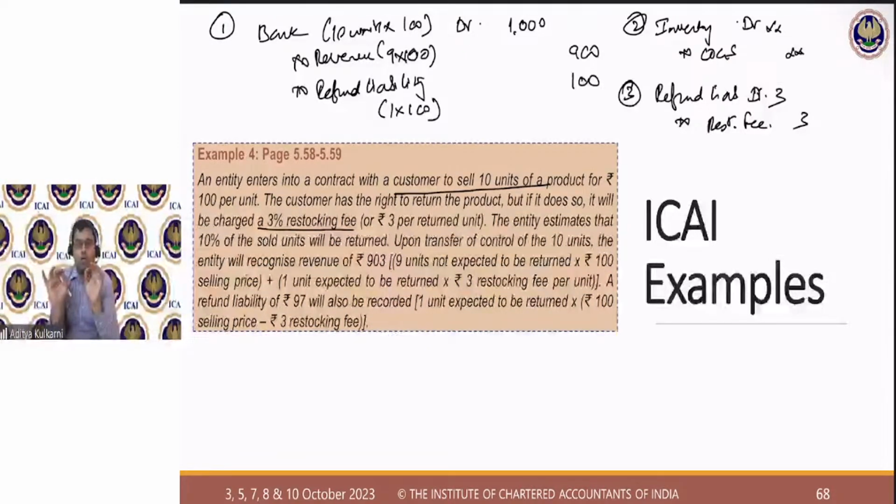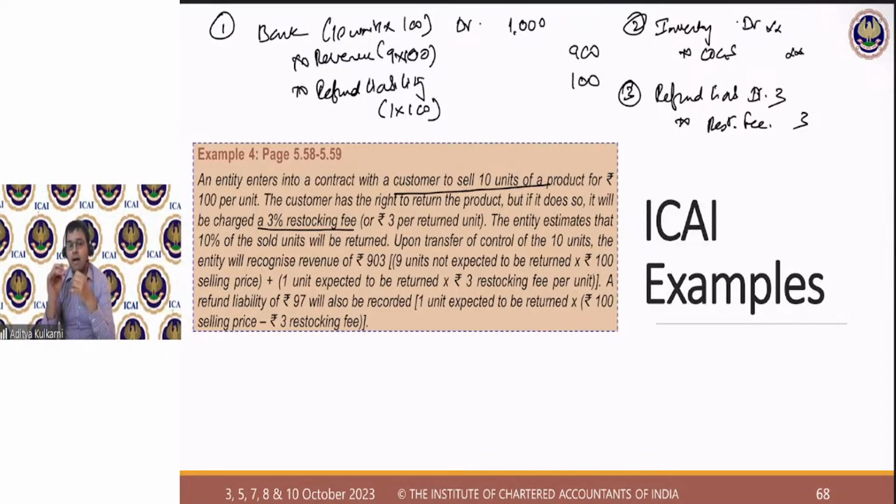Contract liability is money collected in advance, services to be rendered in the future, or obligations to be discharged in the future. We saw that for warranty services, for the servicing, and in a host of other cases also.